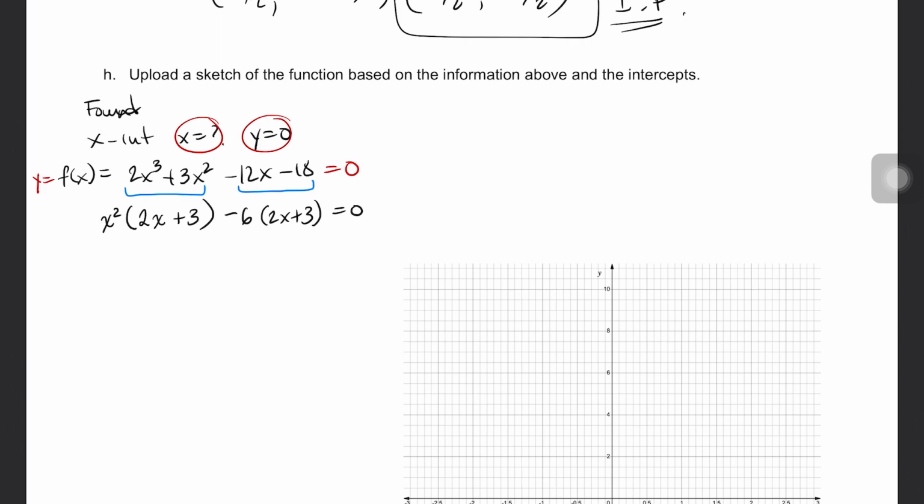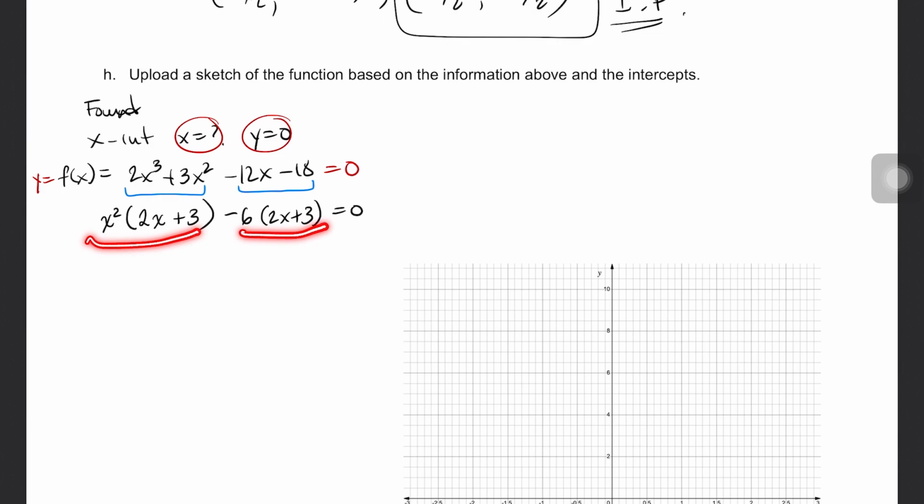Let's double check that it works with the next term. Negative 6 times 2x gives us negative 12x. That's good. Negative 6 times positive 3 gives us negative 18. So that seems to be working, and otherwise this wouldn't work. So now we're going to factor the group. If you notice, we have two terms here.